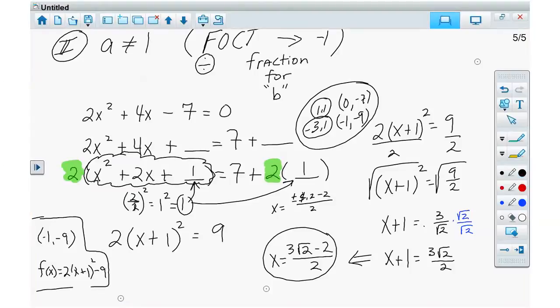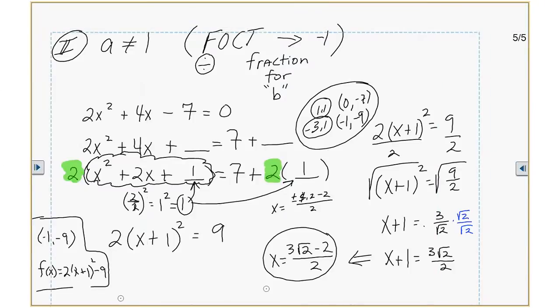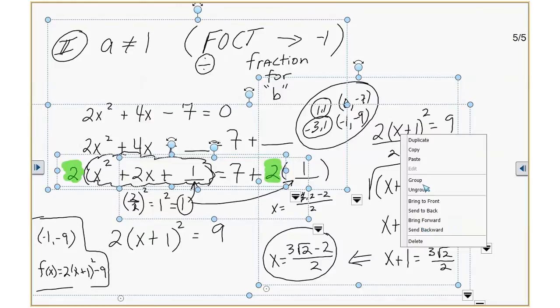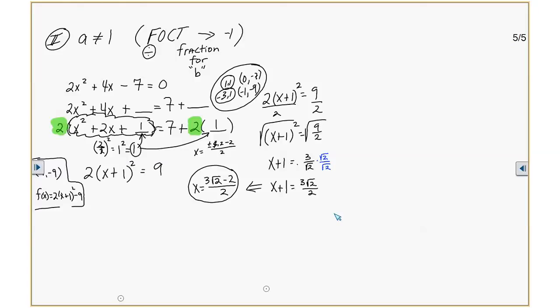Okay, help me out here. I'm the engineer that can't add. I see your x plus 1. Where did you subtract the 1 out of that? That's what I took the square of right here, and that gives me 1.